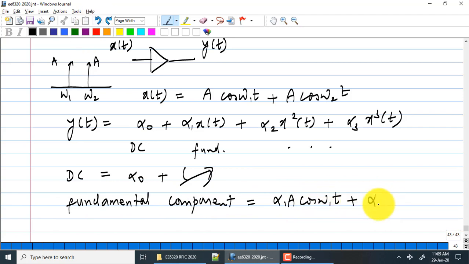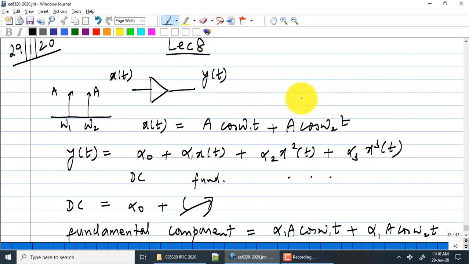Alpha 1 A cos omega 1t plus alpha 1 A cos omega 2t. Agreed? So if I were to look at the output, I definitely have omega 1 and omega 2, and I'll basically get amplified versions of the same.